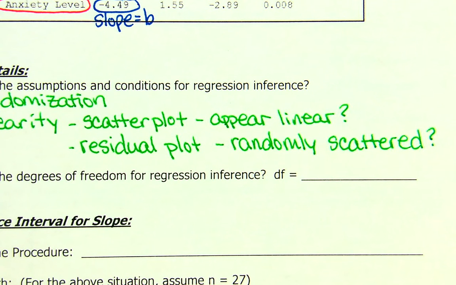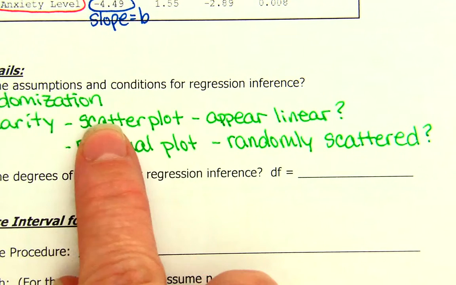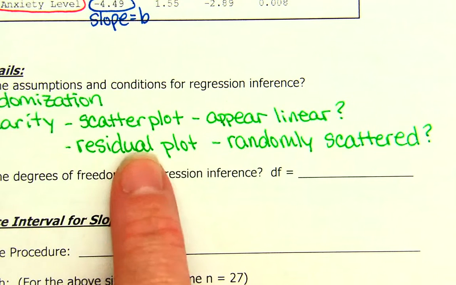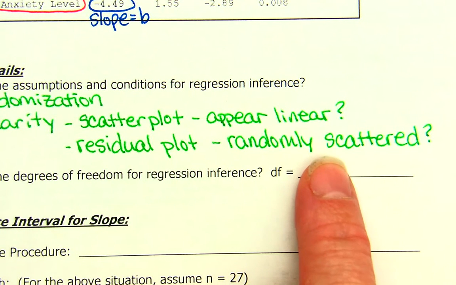Okay, so when you're checking this condition, you'll notice you're either checking a scatter plot or a residual plot. You have to draw the sketch on your paper. You don't have to draw it out exactly, but you need a sketch of whichever one you did, and you need to say, does the scatter plot look linear, or does the residual plot look randomly scattered?